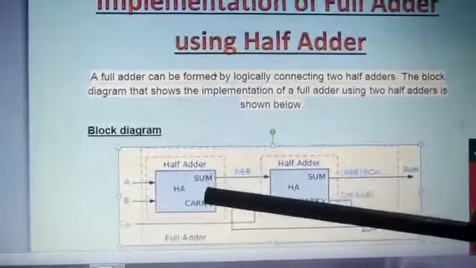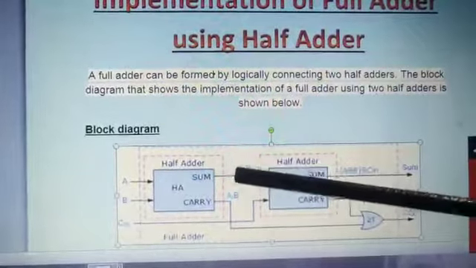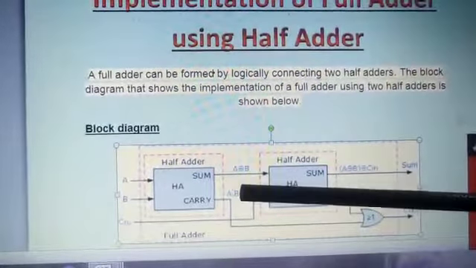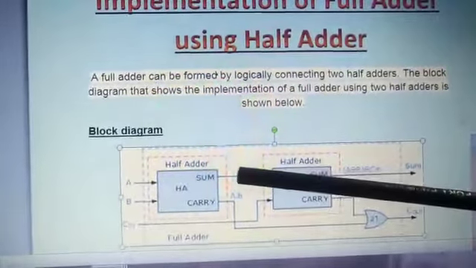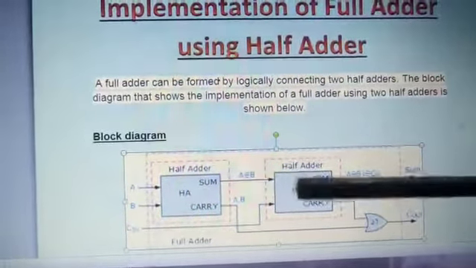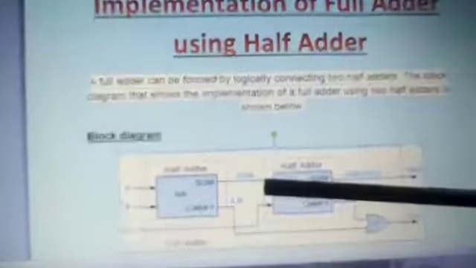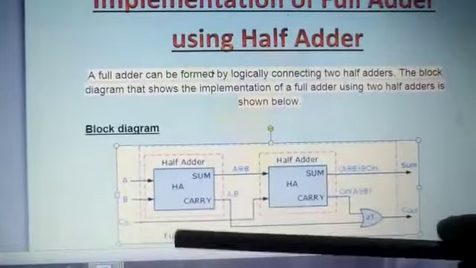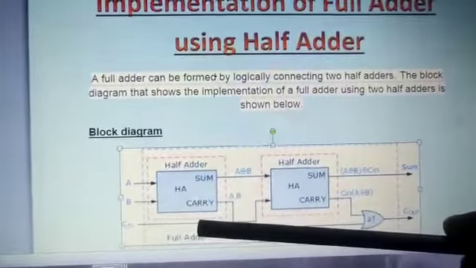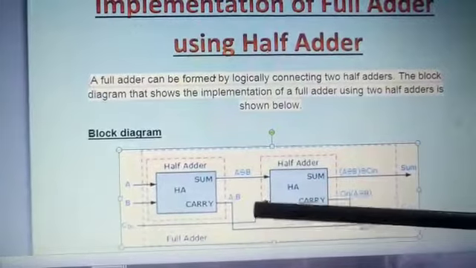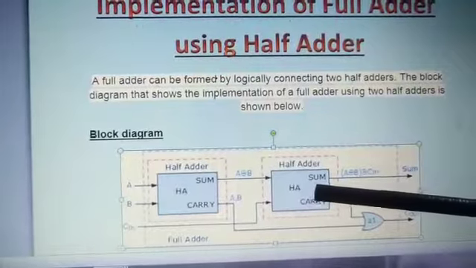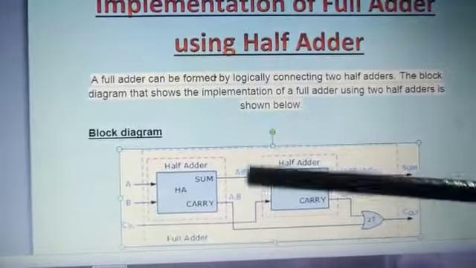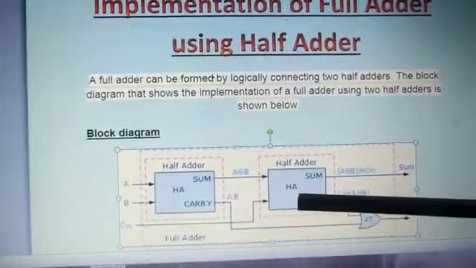It generates the sum, which is A XOR B, and generates a carry, which is A into B. This sum output becomes the input for the second half adder, and C in, the previous bit carry, acts as the second input to the second half adder.